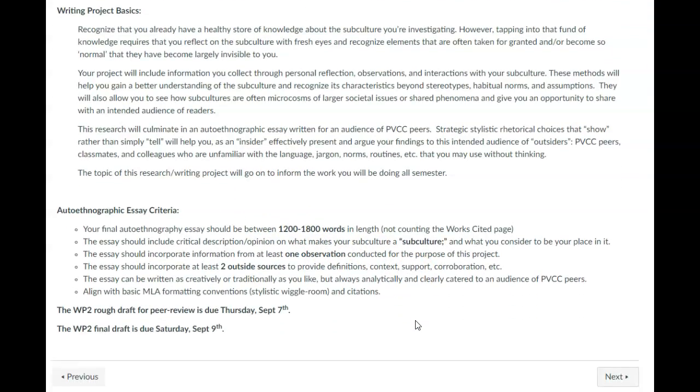It's going to be written for an audience of academic peers. So not deep scholarly people, but just peers, Paradise Valley peers, who are knowledgeable, who are curious, who are at college trying to gain more broad understandings and education and all of these kinds of things. So that's who we're going to be writing this for.